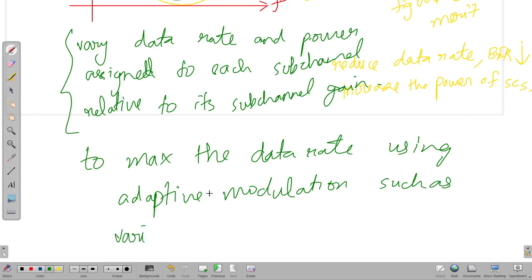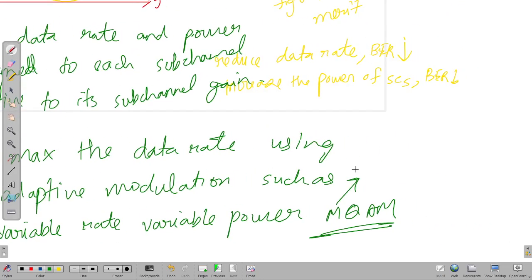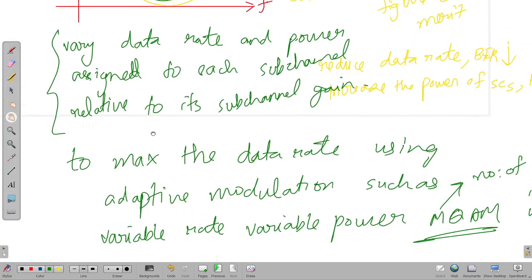An example of an adaptive modulation technique is variable rate variable power MQAM. M stands for the number of symbols in the constellation. Okay. So that is about adaptive loading.